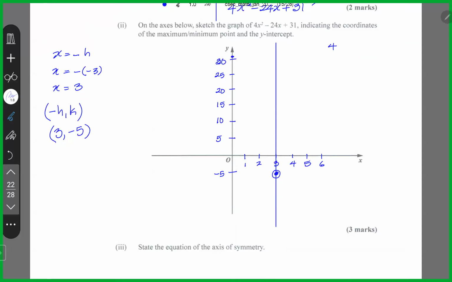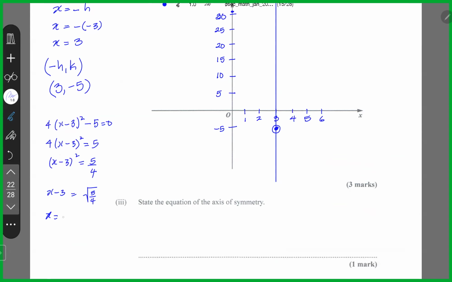Let me not do it up there, I do it down here. 4 into x minus 3 squared minus 5 is equal to 0. 4 into x minus 3 squared is equal to 5. X minus 3 squared is equal to 5 over 4. X minus 3 is equal to the square root of 5 over 4.